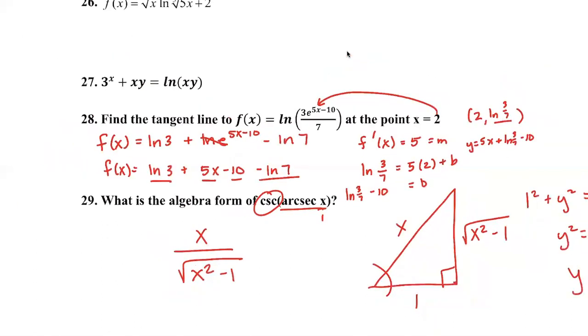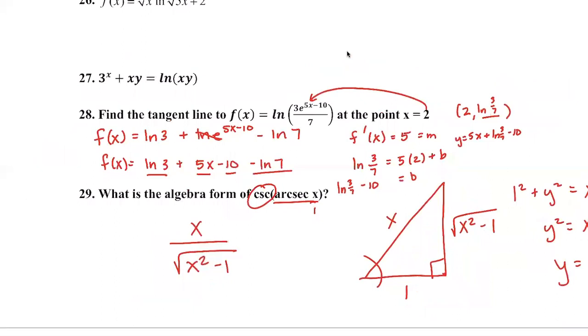And that's all you can really do with that. Why is it ln of 3/7? Because there's an ln right here in front.